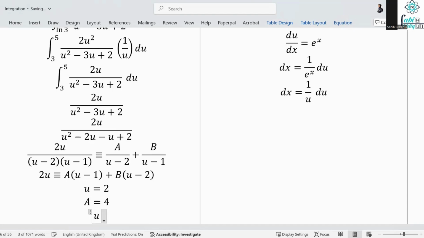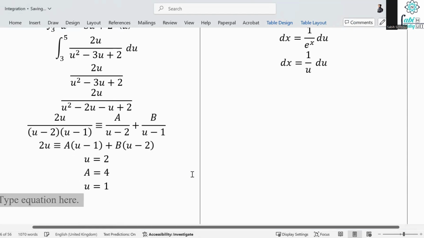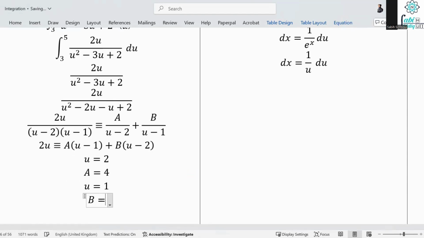Now if I plug in u as 1, b is, check, minus 2. b is negative 2. So the partial fractions I end up with are 4 over u minus 2 minus 2 over u minus 1.